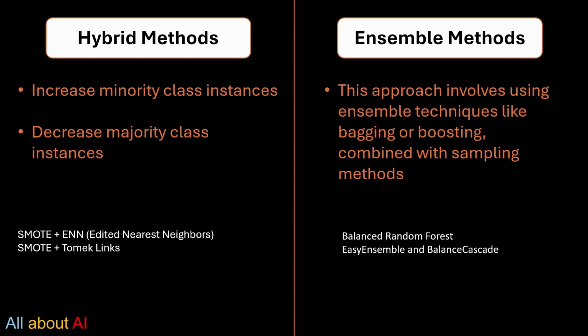In this method, we use ensemble techniques like bagging or boosting combined with the sampling methods. Algorithms are balanced random forest, easy ensemble, and balance cascade. These are the methods that are part of the ensemble methodology. These are a little bit advanced ensemble techniques where multiple balanced datasets are created using resampling, and the model is trained using these aggregated datasets.